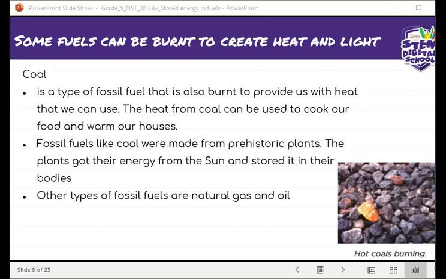Ma'am, I want to reread from my book. Fuels need input energy to make them burn. Fuels need some energy to start them burning. For example, a candle needs a burning match to set its wick alight. The match provides what we call input energy. This is energy that needs to be put in to start the fuel burning. Most fuels need some kind of input energy to burn. Different fuels need different amounts of input energy.